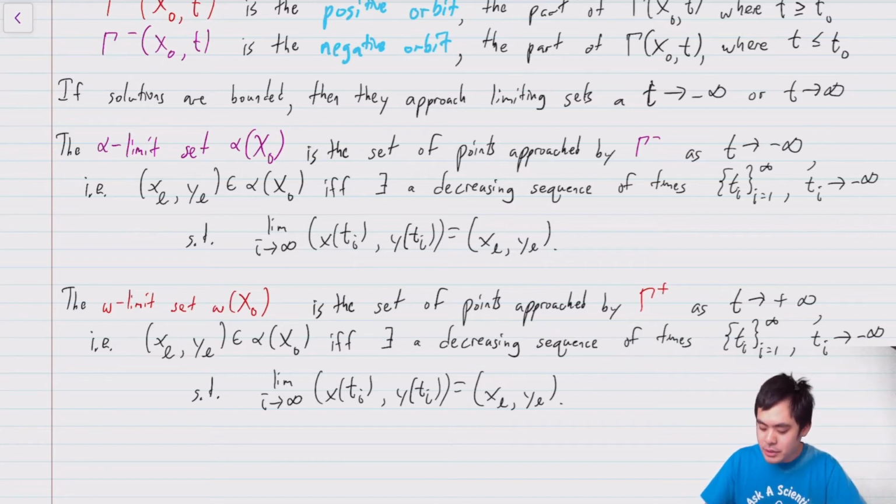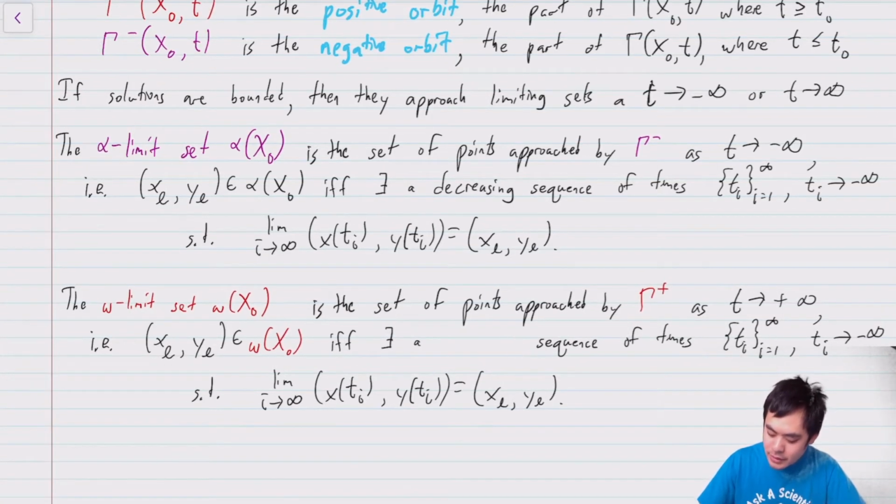These are the set of points in the plane if and only if there exists an increasing sequence of times going to positive infinity such that the limits still hold.